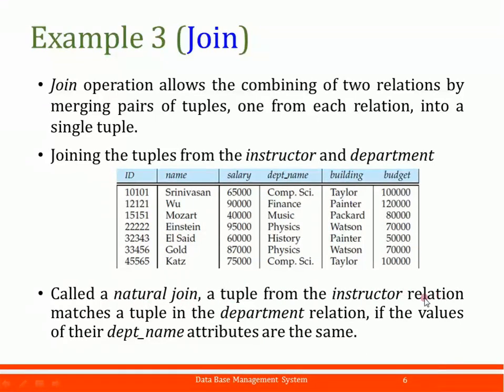A tuple from the instructor relation matches a tuple in the department relation if the values of the department name attributes are the same. You have department name in both the instructor relation and the department relation, and when you have a match in the department name in both of these relations, those tuples will be matched and that will be the result. So this is the result after joining the instructor and department relations.